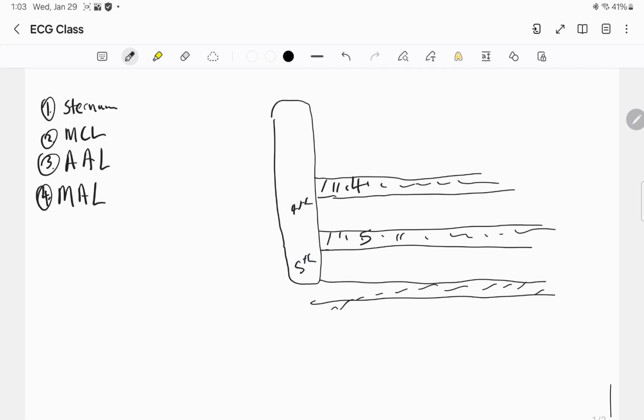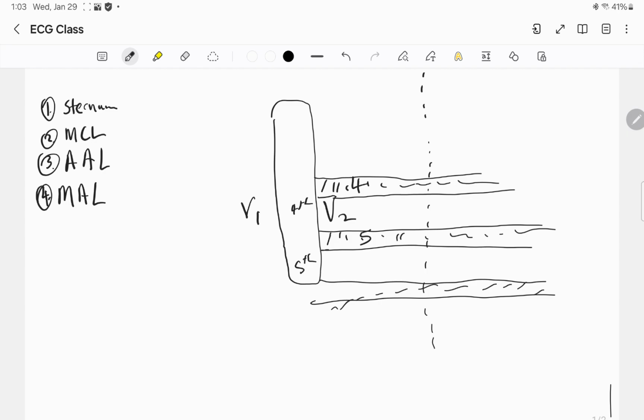So what we're saying now, the first landmark is the sternum, right? So V1 goes here, and V2 goes here. All right. The second landmark is the midclavicular line. So let's draw a little dotted line, and we're saying the clavicle is somewhere up there, right?